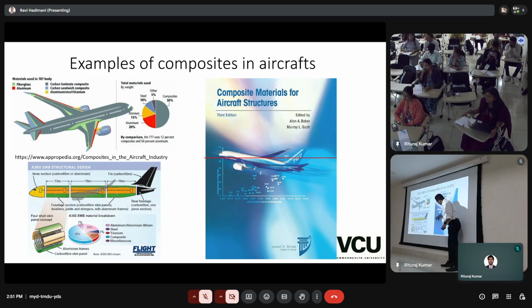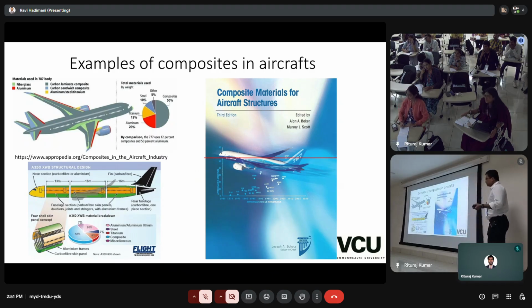And this is the percentage of structure that is composite. I think this book was published around 2005, because the graph stops here. There might be many more here. Most of the new aircrafts will fall somewhere here, about 40 to 50% composite.